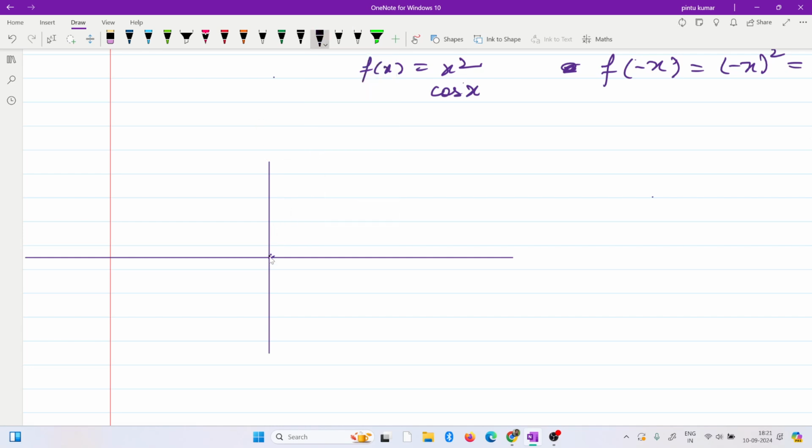So let's say this is some plot of your even function. Then whatever is the value at this point x, the value would be the same at this point minus x also, right? So we will have a mirror image. My drawing is not that great. So you just see that this is a mirror image along the y-axis for an even function.